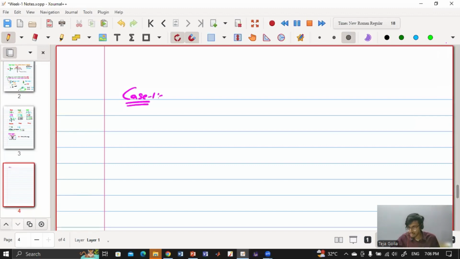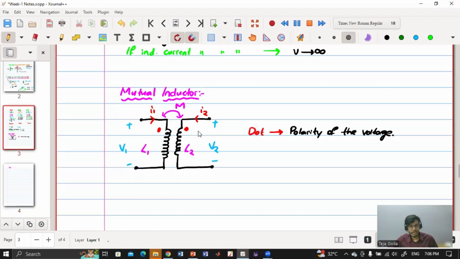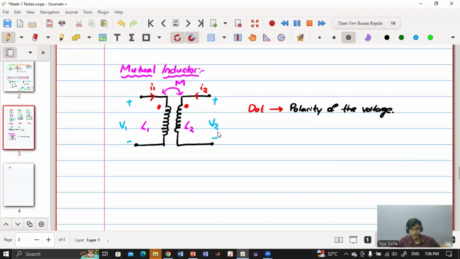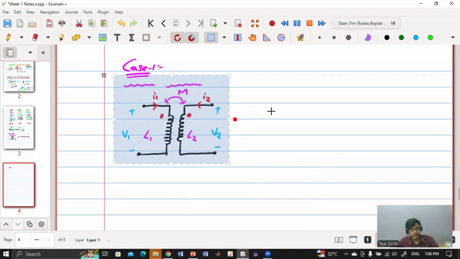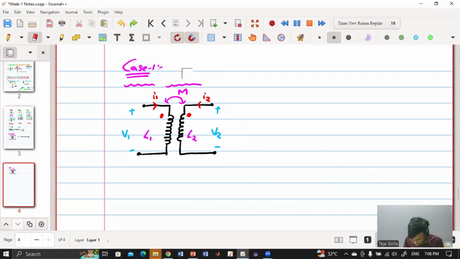In order to get the voltage expression, we need to know the polarity, that is, the voltage polarity because of the current in the second coil or the first coil. If this is the case, say both currents are entering the dot.